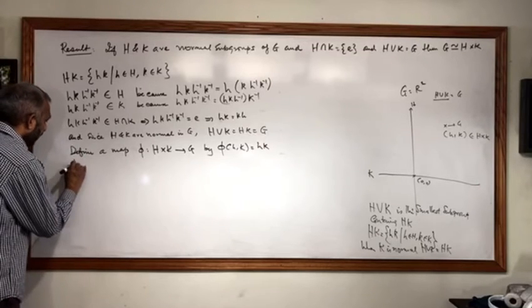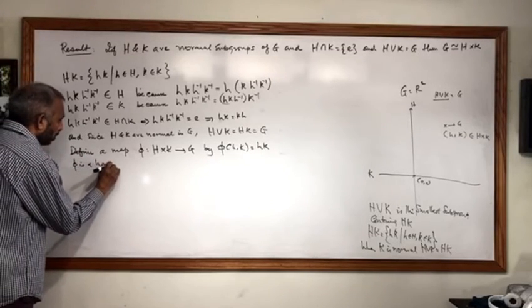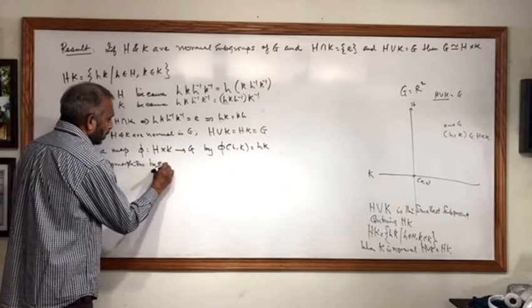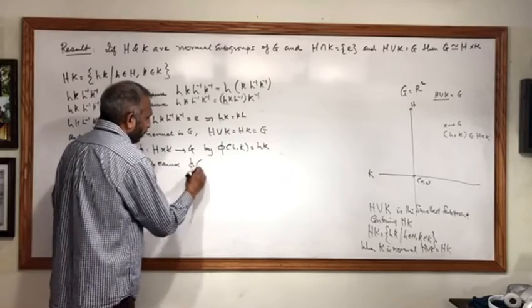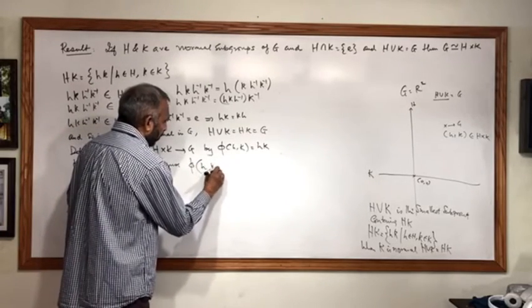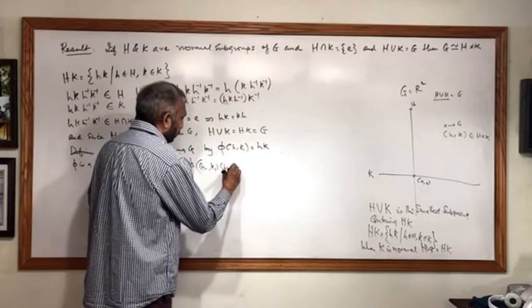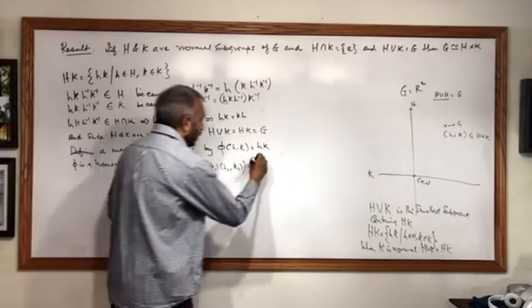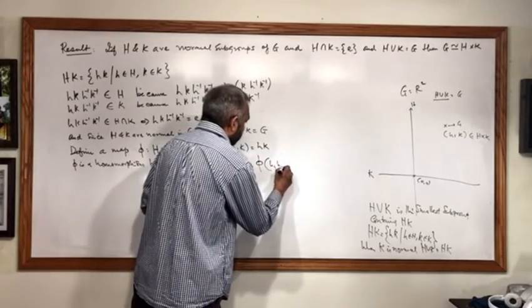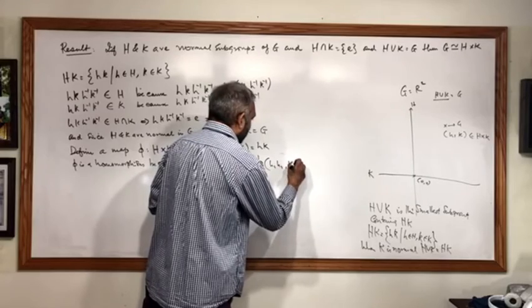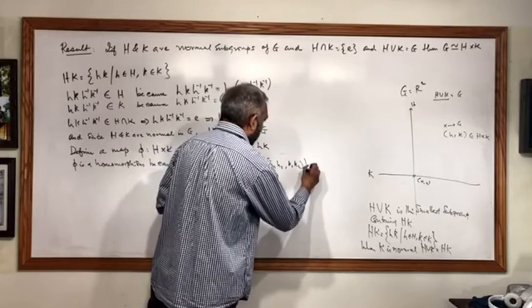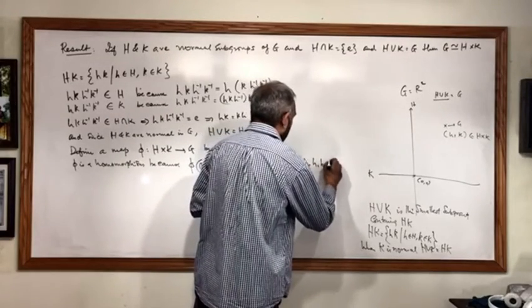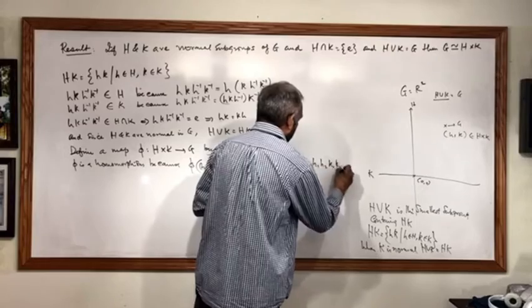Okay. Now phi is a homomorphism because phi of (h1 k1)(h2 k2) is equal to phi of (h1 h2, k1 k2), and that is equal to h1 h2 k1 k2.